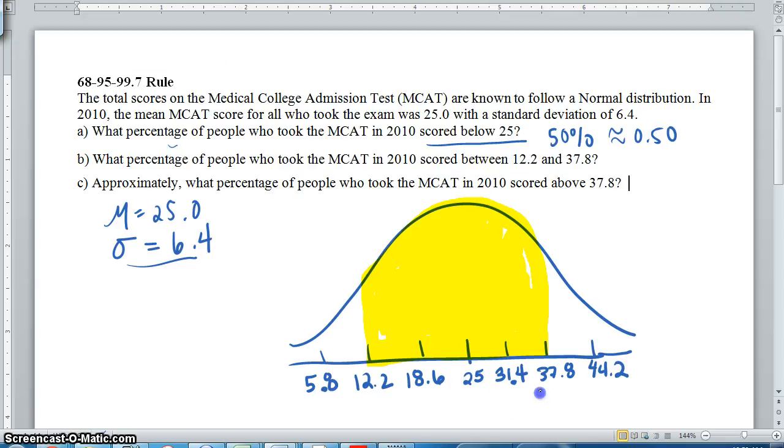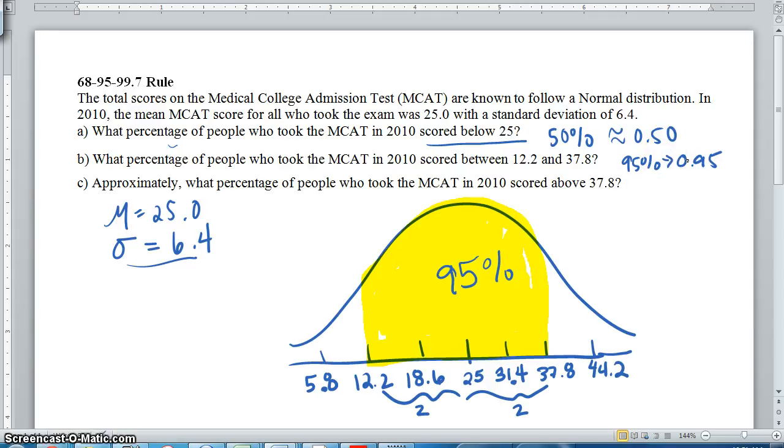We can see that this is 2 standard deviations up and 2 standard deviations down. So this implies that 95% of our data fall between 12.2 and 37.8. This is from the 68, 95, 99.7 rule. So the answer here is 95% of the students score between 12.2 and 37.8 on the MCAT. Again, this could also be 0.95.